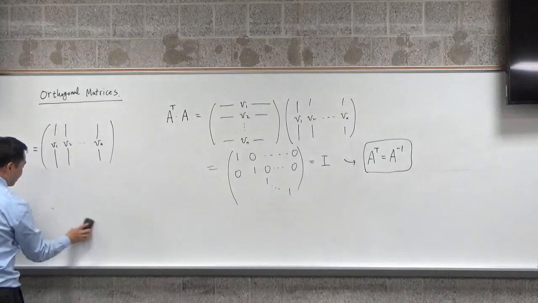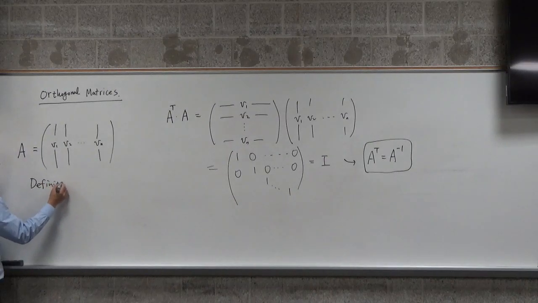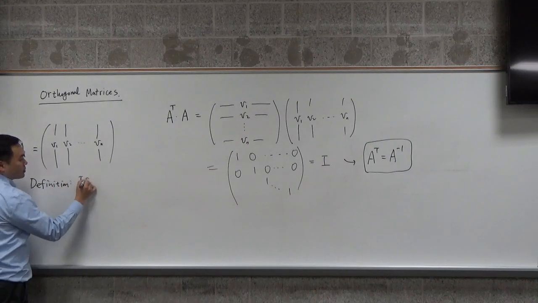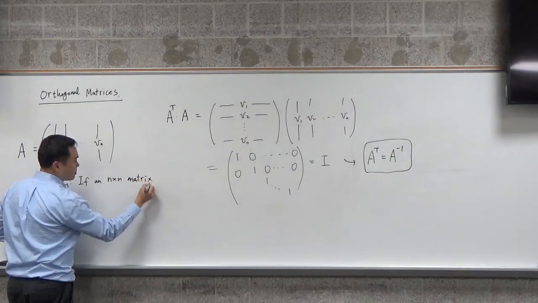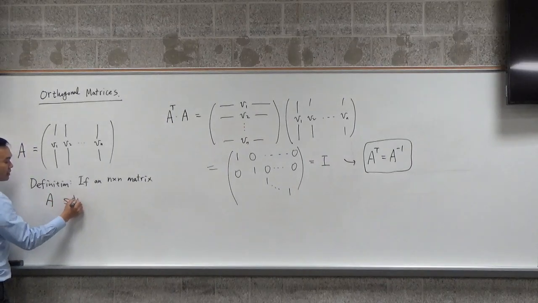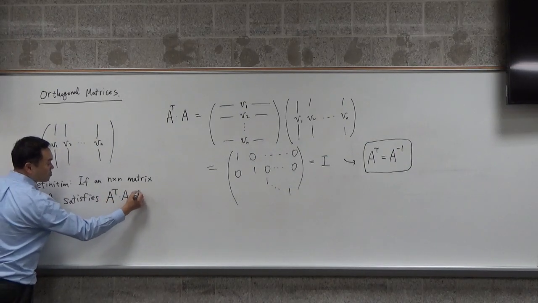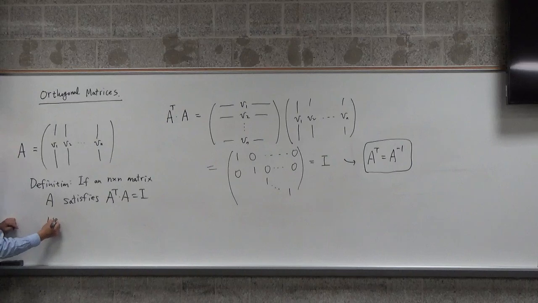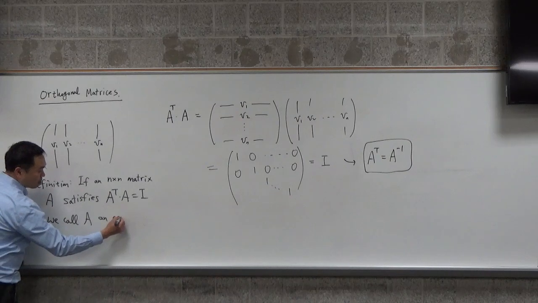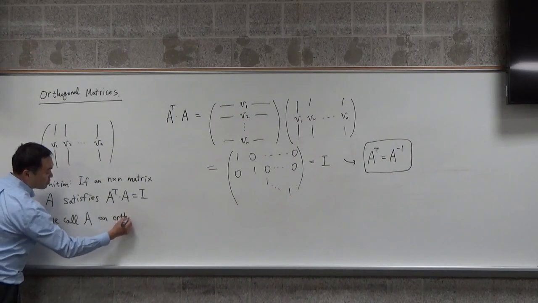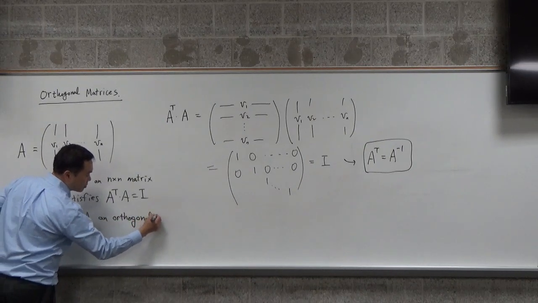Anything that satisfies this identity is called an orthogonal matrix. Let me write down a definition. If an n by n matrix A satisfies A transpose times A equals the identity, we call A an orthogonal matrix.